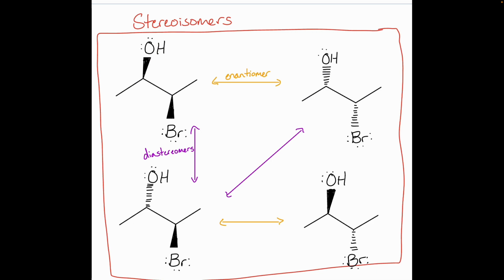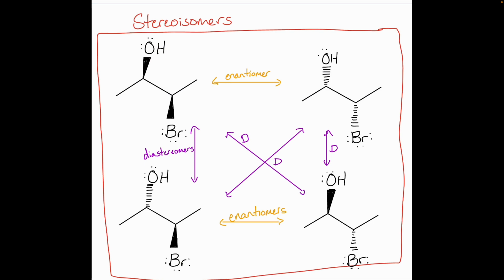So again, I have another pair of enantiomers. To finish this off here, these two would also be diastereomers. I'm just going to use a D for that because I'm going to get lazy. And these across from one another over here are also diastereomers, right?